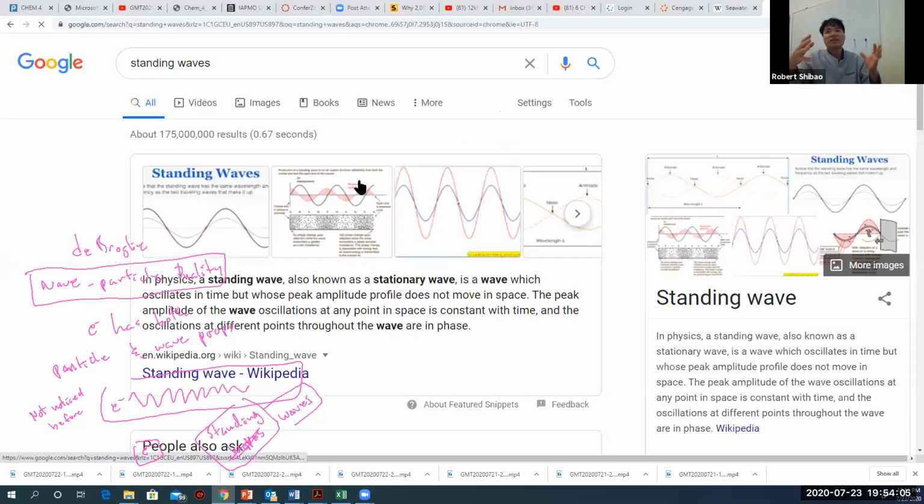So when waves are confined to a small space, this is what happens.